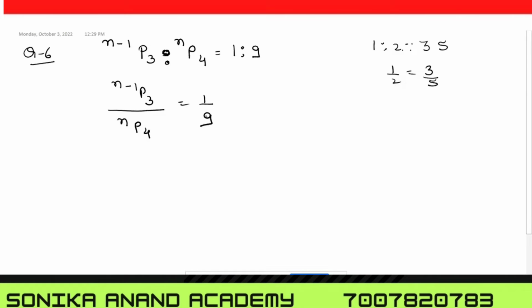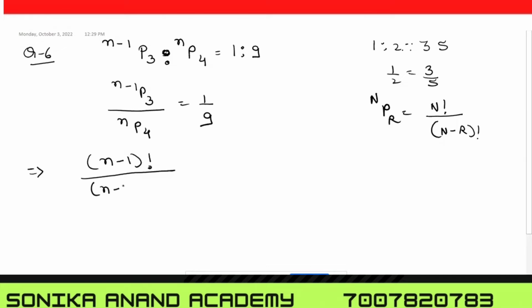So we have the formula, I use this. n minus 1 factorial over n minus 1 minus 3 factorial, which is n minus 4 factorial.